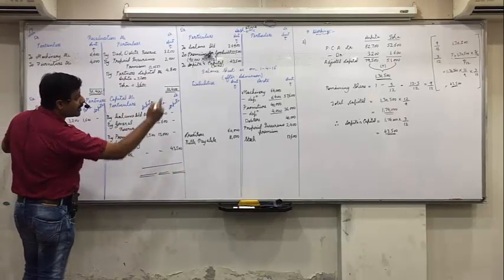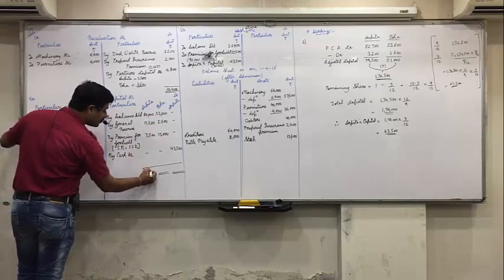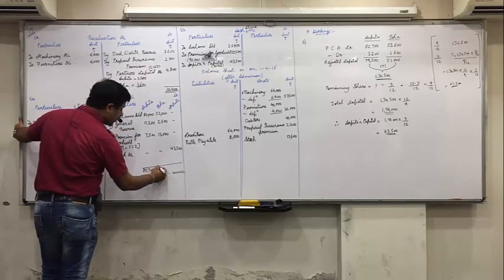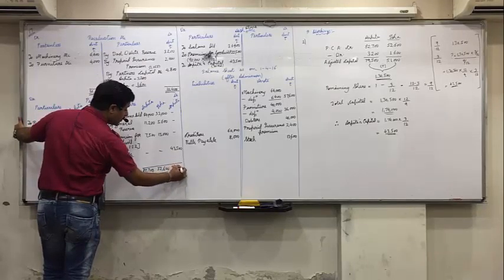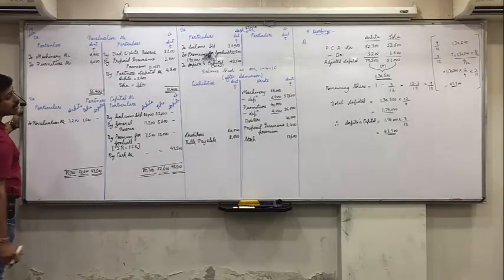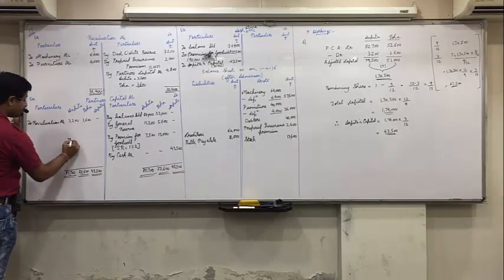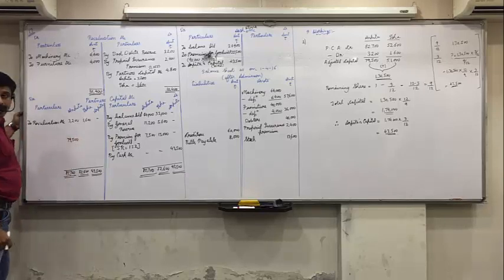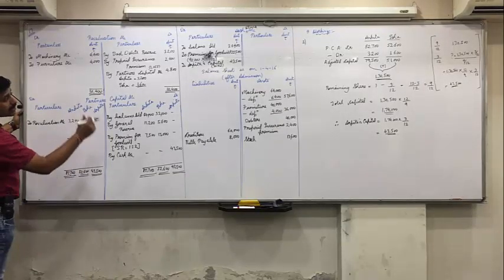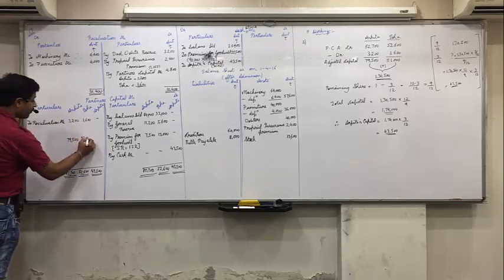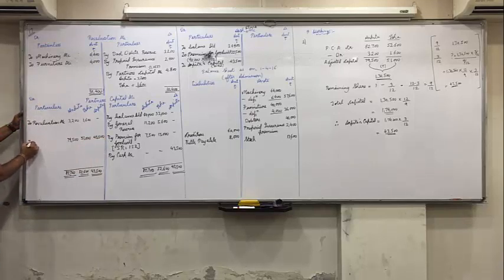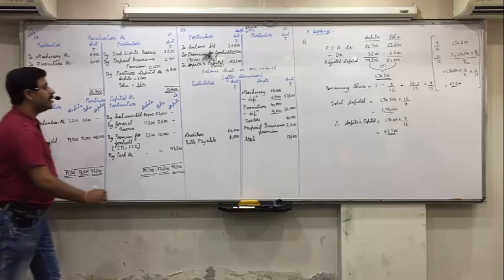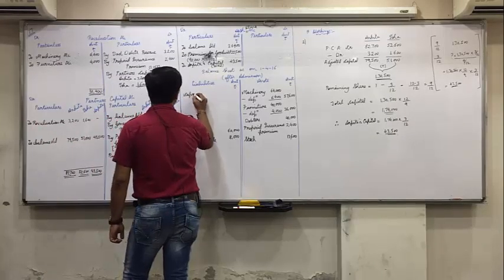Credit side we already got 82,700 and 52,600, and the third partner is 43,500. 82,700 minus 3,200 is 79,500. 52,600 minus 1,600 is 51,000. And the new partner is 43,500. Who balance carried down?